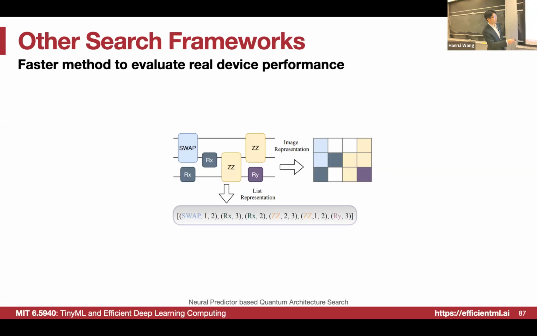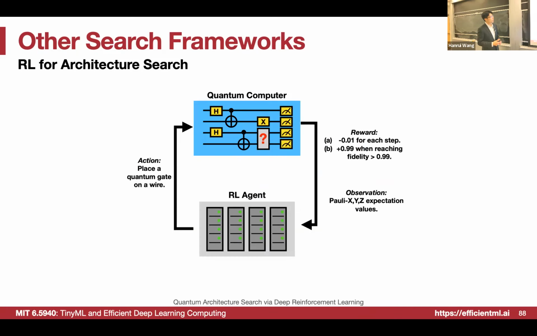And for some other case, we can use a single pixel or multiple ones. So in that case, we can also use a graph representation or a matrix to represent the input structure. And also some other frameworks are not super circuit based, but they are using some reinforcement learning to do the search. That's also doable.